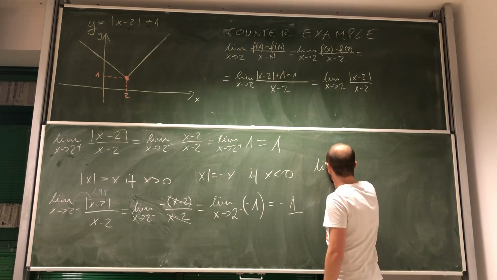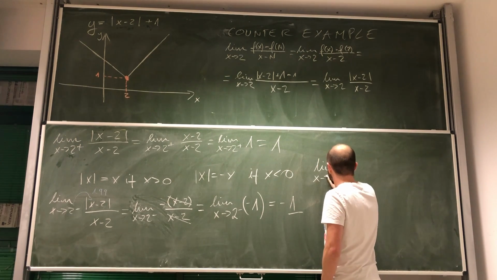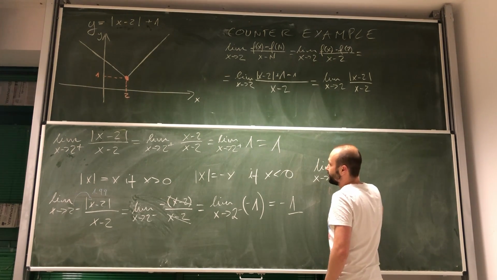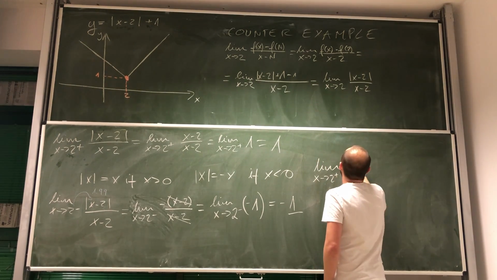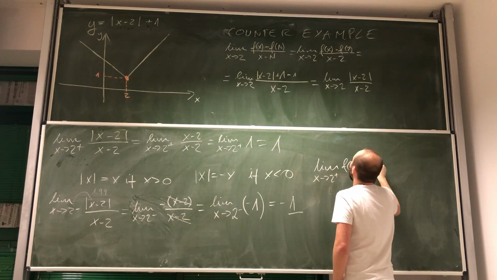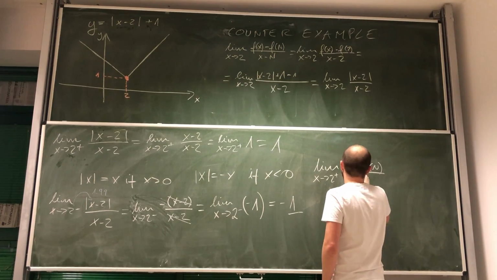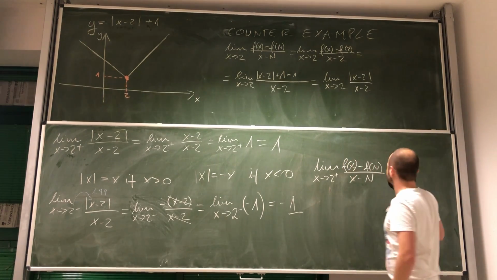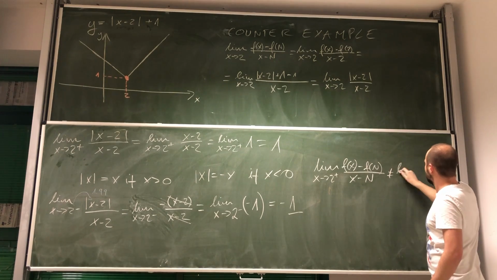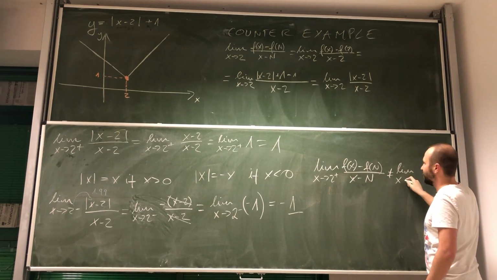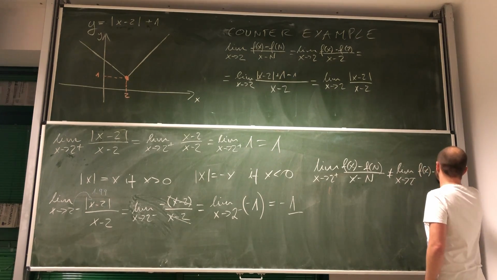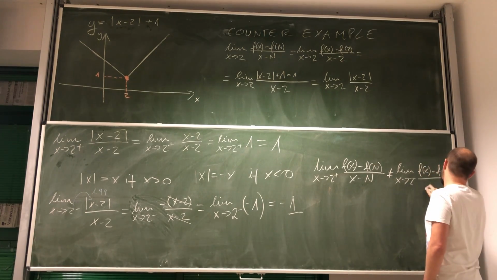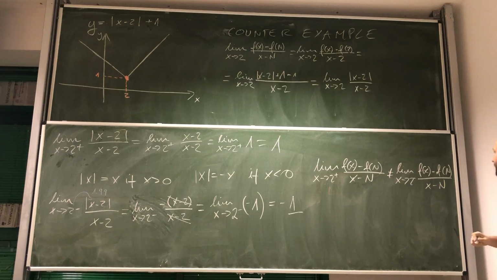So what do we see from this? The right-hand side limit of f of x minus f of n over x minus n is different from the left-hand side limit of f of x minus f of n over x minus n.